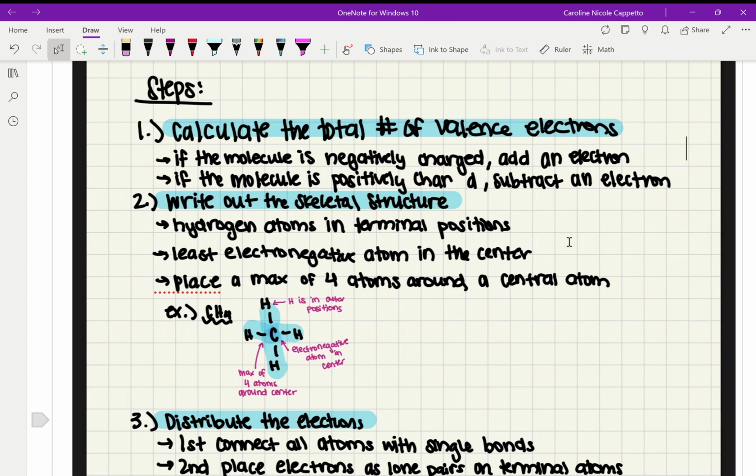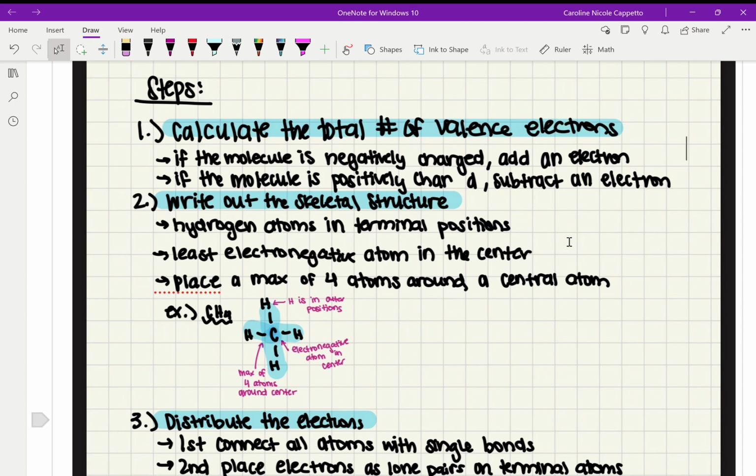And then if the molecule is positively charged, you would subtract an electron, and that's because if a molecule has a more negative charge, it means that it has more electrons since they're what's negatively charged, and then if it's positively charged, it has fewer electrons.